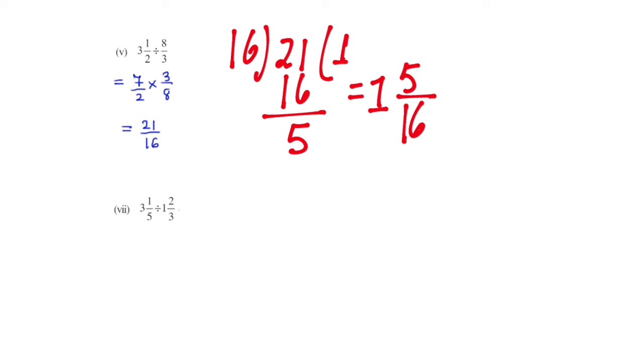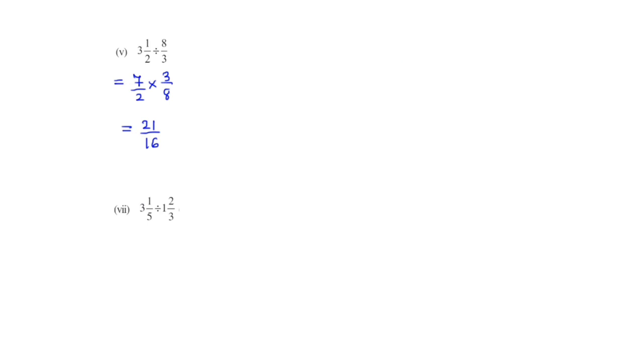In this part, if you see, we have to do the division of two mixed fractions. So before that, first of all we will convert them. As we have already learned so many times how to convert any mixed fraction into an improper fraction, I hope now all of you are able to solve it very well.